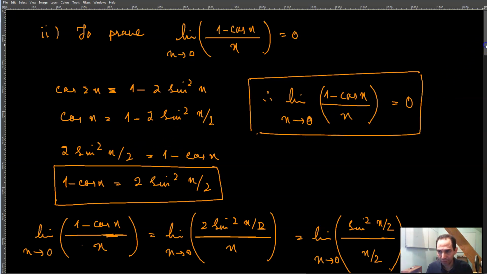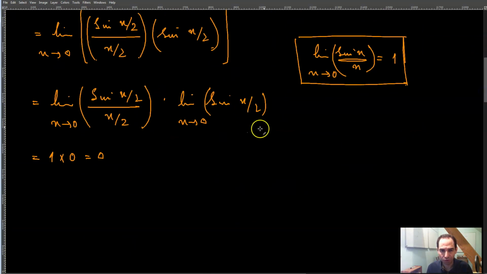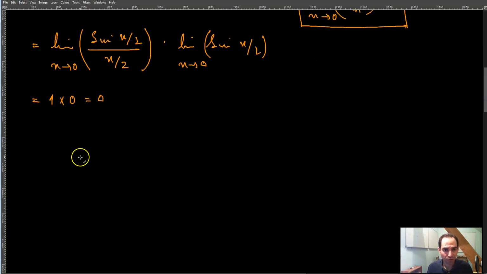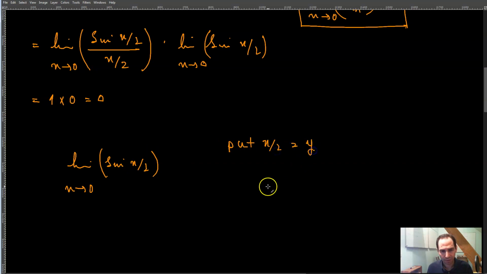Now this step that I used, you can use if you don't feel comfortable with the logic that I used. Of course, I didn't explain my logic to you, but in order to get the limit of sine x divided by 2 as x tends to 0, you can put x divided by 2 as y.